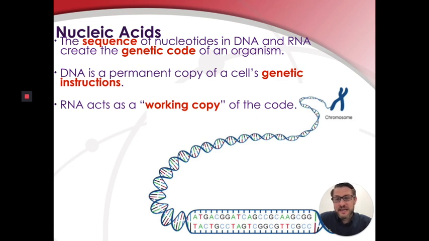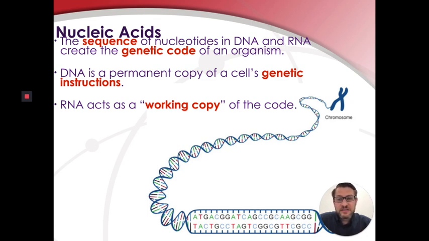So the sequence ACGT, ACGT could be the code for a particular piece of information that the cell needs to know. We're going to get into a lot more information about how DNA works later on when we talk about genetics and heredity. But essentially, DNA is the instructions to run the cell.